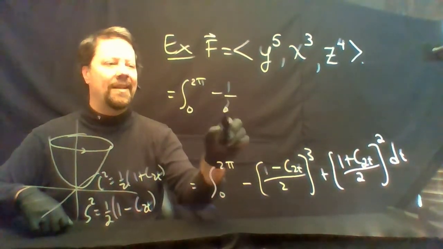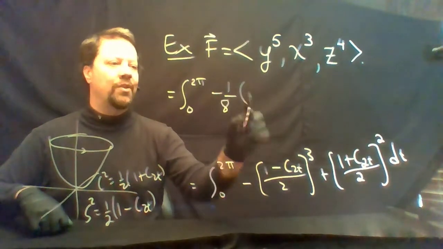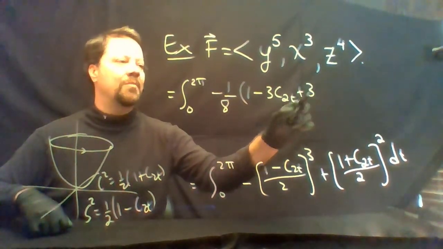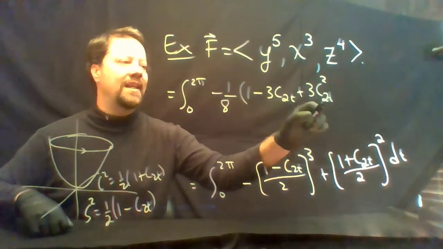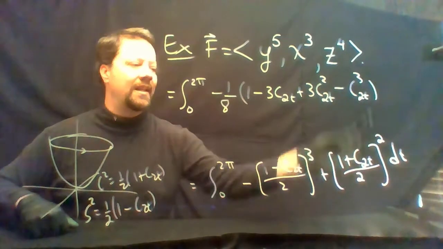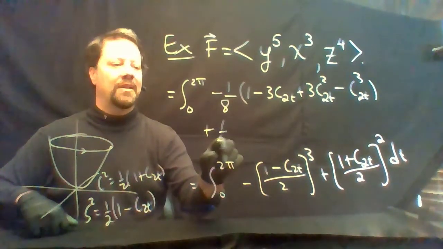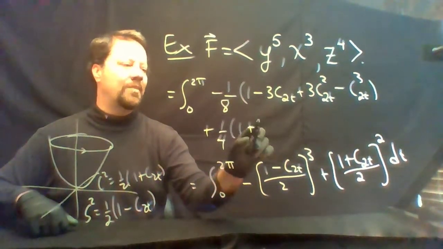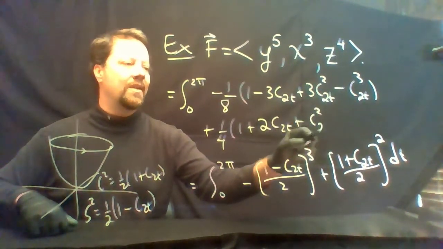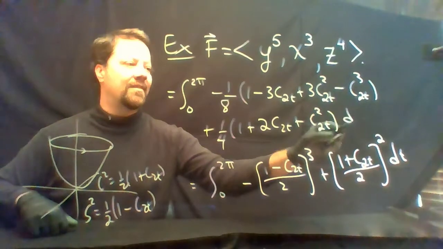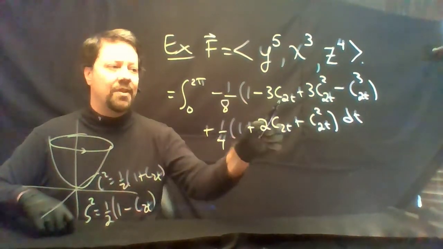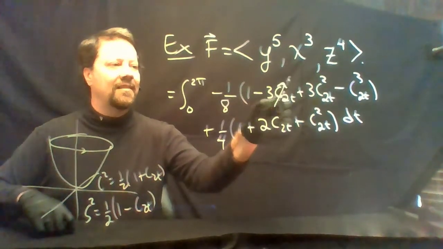We have minus 1/8, and then when we cube, we'll have 1 minus 3 cosine 2t plus 3 cosine squared 2t minus cosine cubed 2t, and then plus 1/4 (1 plus 2 cosine 2t plus cosine squared 2t), all times dt. You can see that some of these terms are 0 right away.